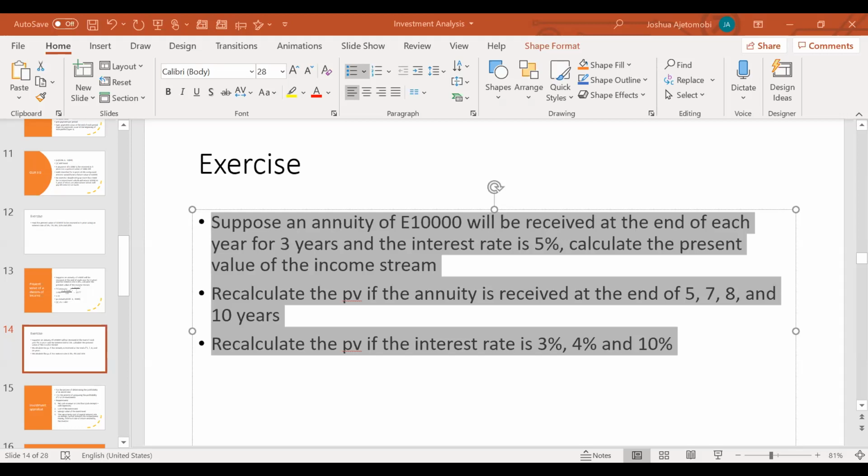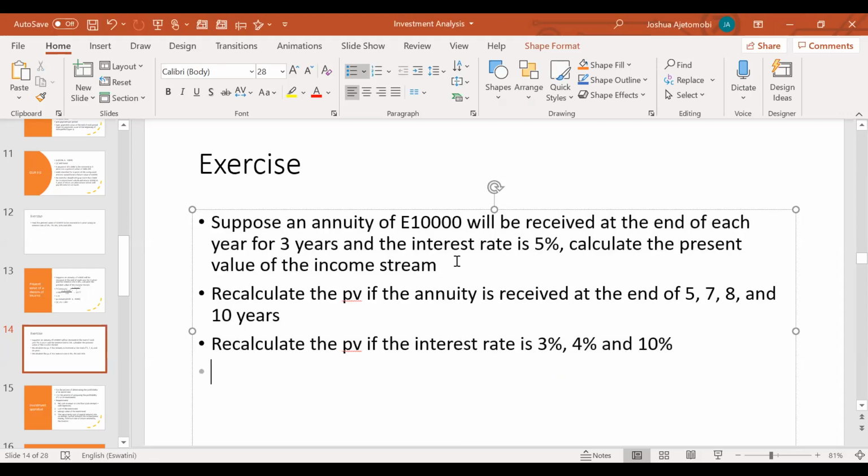Which means you have to work with those changes in years. You have 3 years, 5 years, 7 years, 8 years, 10 years at 5%, before we now come to 3 years, then change in the interest rates. You have to first calculate with 3 years, 5 years, 7 years, 8 years, 10 years.